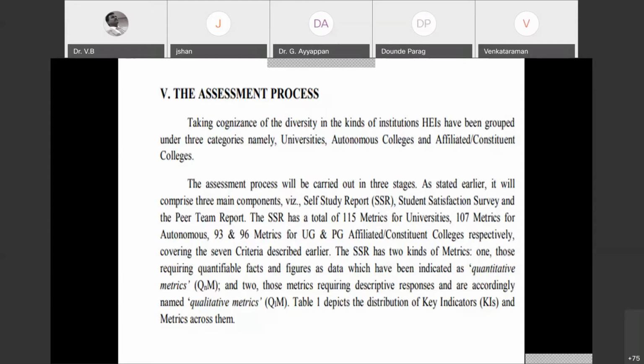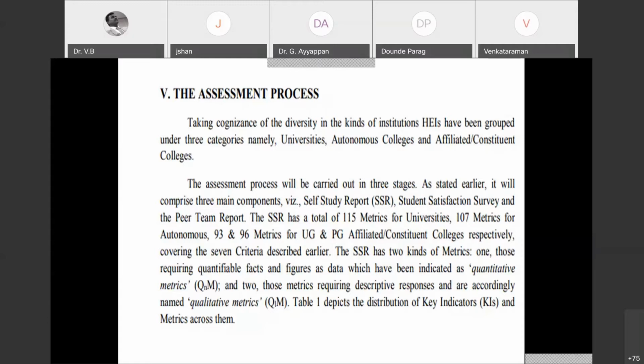Now, let us understand what these criteria and what these metrics are. Criteria are nothing but the headings or the subheadings of the various aspects under accreditation. So under these 7 headings come these metrics.